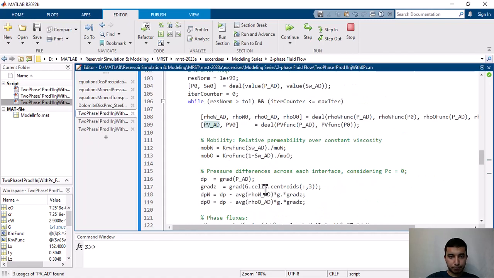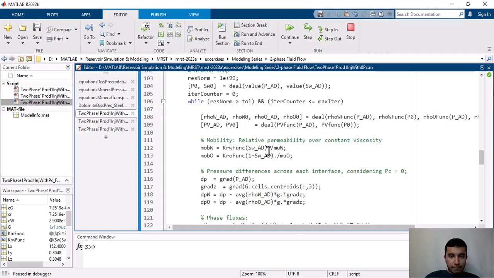At the beginning of this interior while loop, I have updated the densities of the fluid. As you see, I have updated the densities, and here I have updated the pore volume of each cell in terms of the pressure that I have.